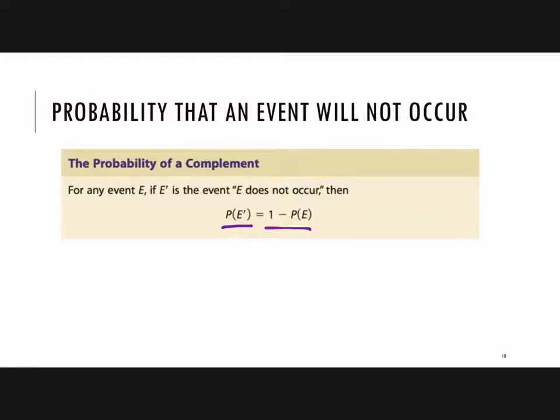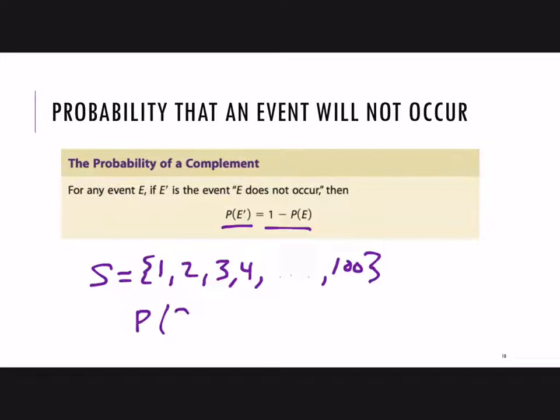Let's say the sample space was 1 through 100, and you wanted to know the probability of not getting a 99.